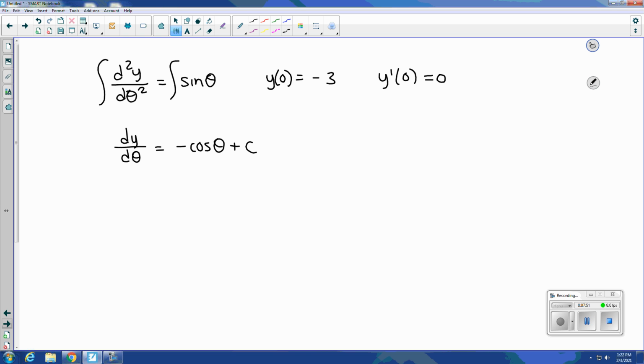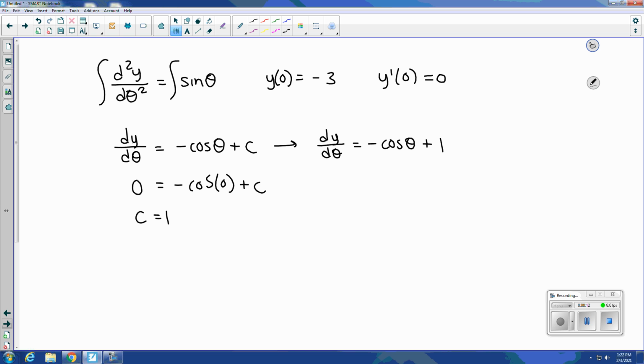We know that when we plug in 0, we get 0. So cosine of 0 is 1, so c is equal to 1. So the particular solution after doing the first derivative is therefore negative cosine of theta plus 1.